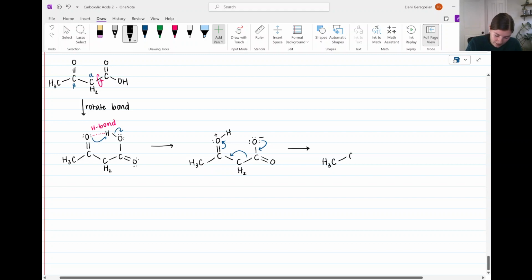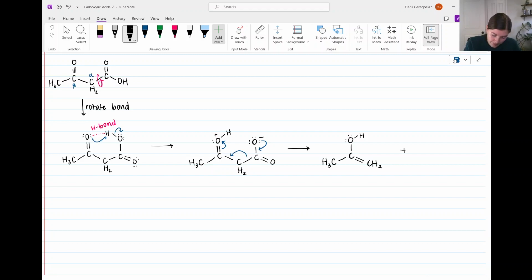So the result of this now, we have a methyl group bonded to a carbon that's now single bonded to an OH group and double bonded to a CH2. And then we have carbon dioxide. So we've lost carbon dioxide, the carbon and the two oxygens from the carboxylic acid group.